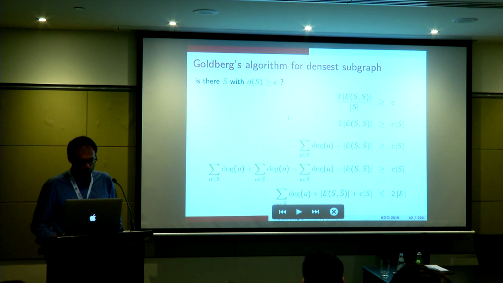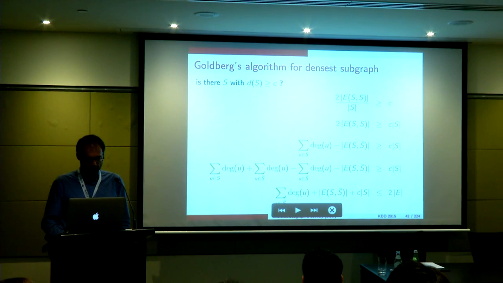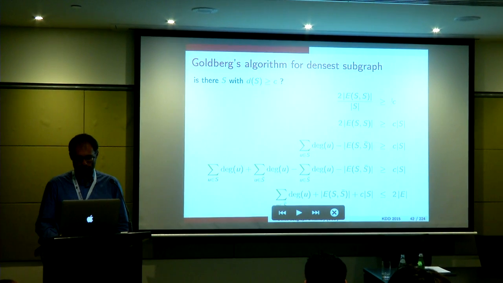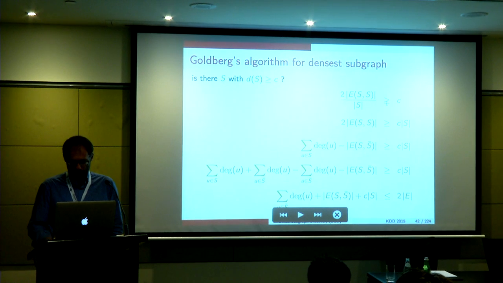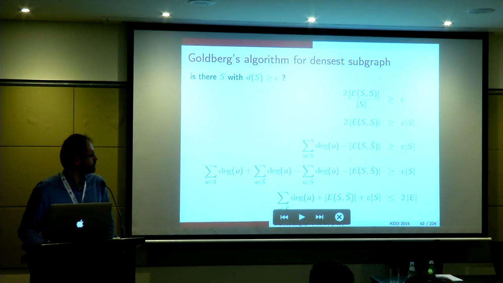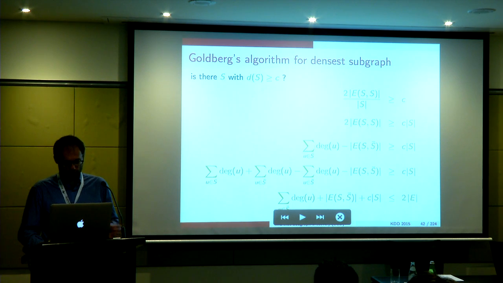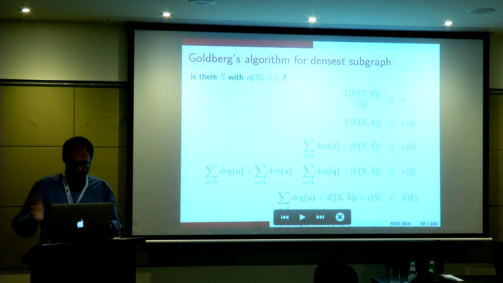So the question I want to ask is the following: is there, in my graph, a subgraph with density at least C? The definition of density is this one. I take this definition, and then I rewrite this expression here. Multiply by C, and then look at the edges, how they look, and write them with respect to the degree, adding and subtracting. Standard algebraic formulations.